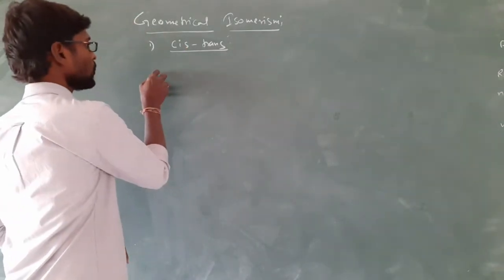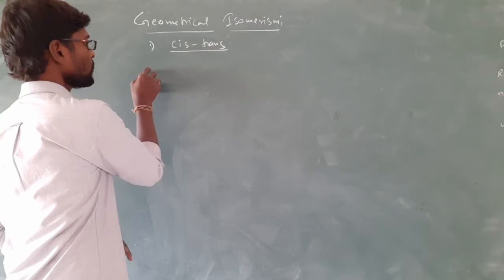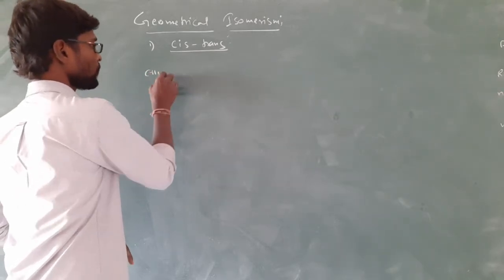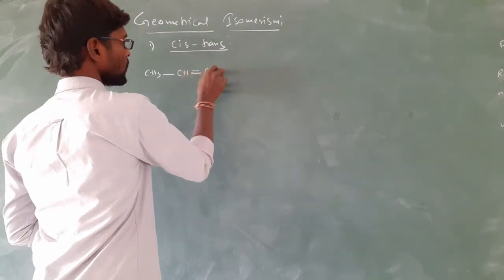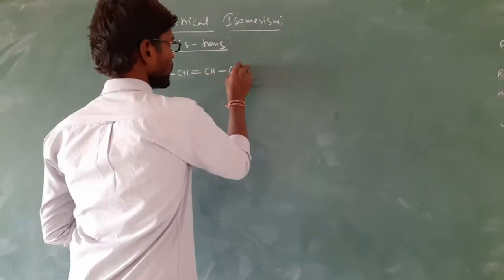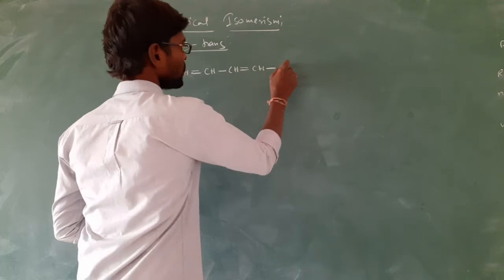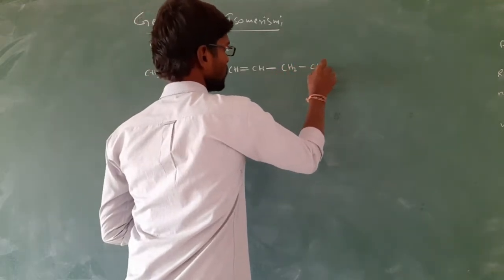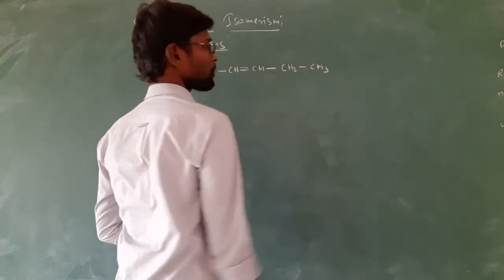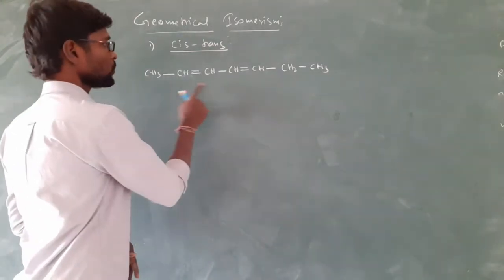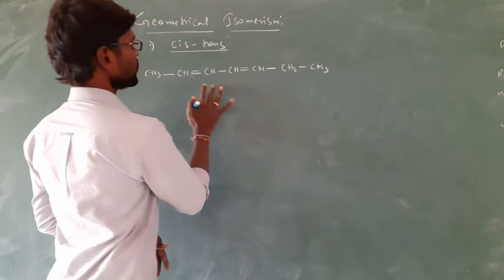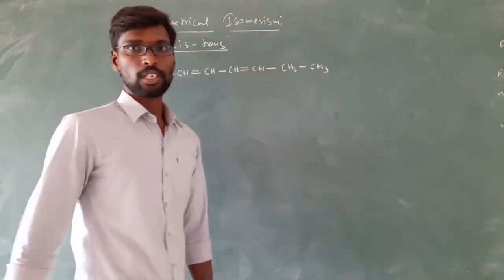Suppose you have a very big molecule, CH3, CH double bond CH, CH double bond CH, then single bond CH2 and CH3. Numbering 1, 2, 3, 4, 5, 6, 7, there are 7 carbons in this one.